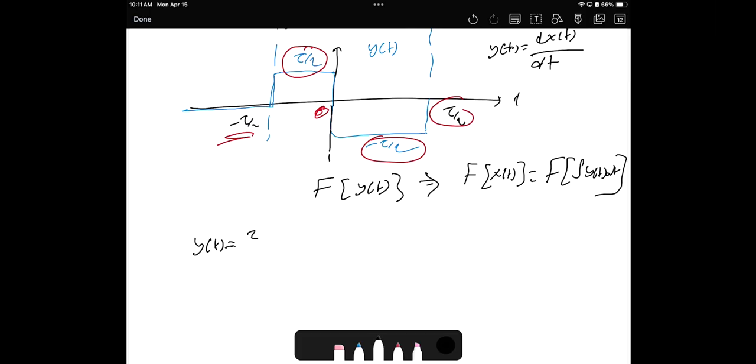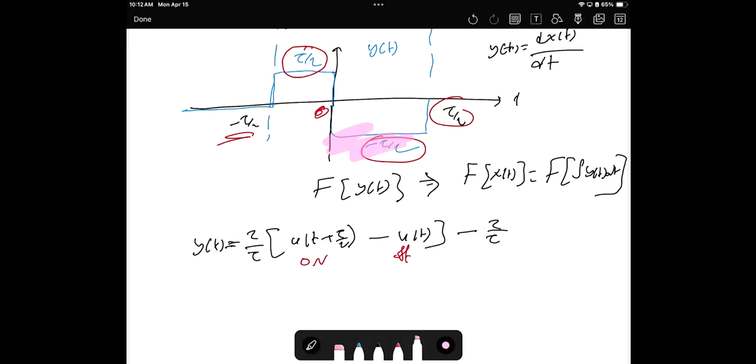We know how to deal with this from the first exam material, how to do the step function. It will be 2 over tau, like a pulse, u of t plus tau over 2, here is the on time, minus u of t, here is the off time. This is on, this is off. Then the next pulse will be negative 2 over tau. Why? Because it is the second pulse, and it is negative.